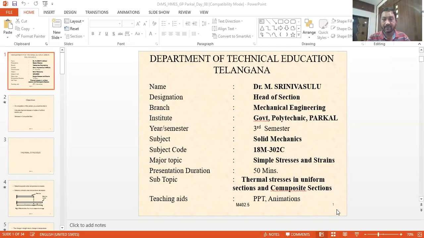So today we'll discuss thermal stresses in uniform bars, uniform sections, and also in composite sections.